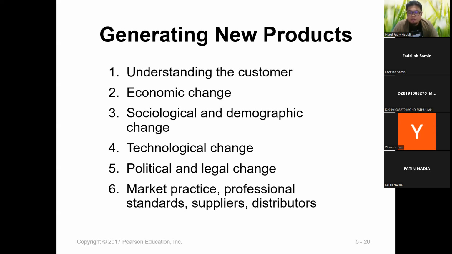Then you know how to link and make sure that all the supply chain distributors can be generated smoothly and systematically. Sorry, it's just one slide, but I need to explain more to discuss our current conditions.